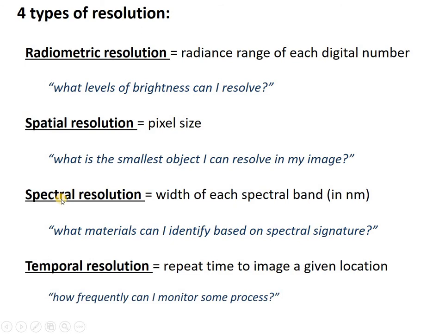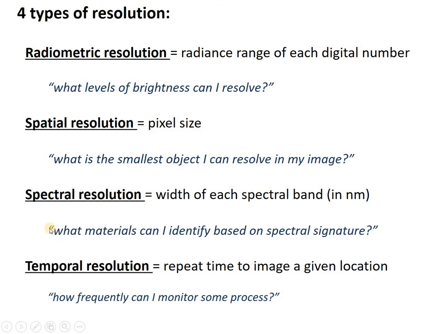And spectral resolution, this is the width of each spectral band, measured usually in nanometers. In other words, this is the range of wavelengths within which a given band was collected, right? So for the red band, it might be 600 to 700 nanometers or something like that.